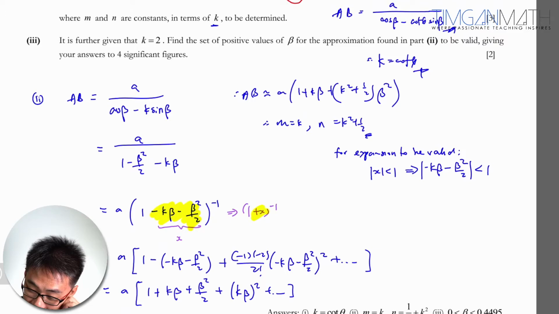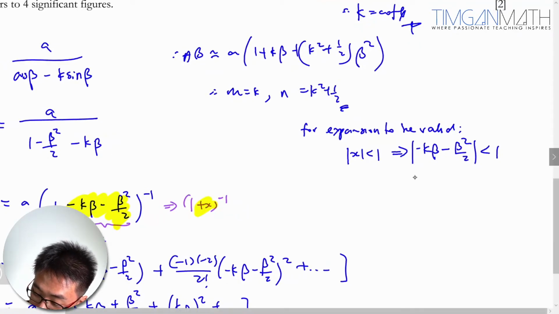Find the set of values for the expansion to be valid. K equals to 2. So this will be 2. Can I just mod the negative? So this is mod of 2β plus β square over 2 less than 1.